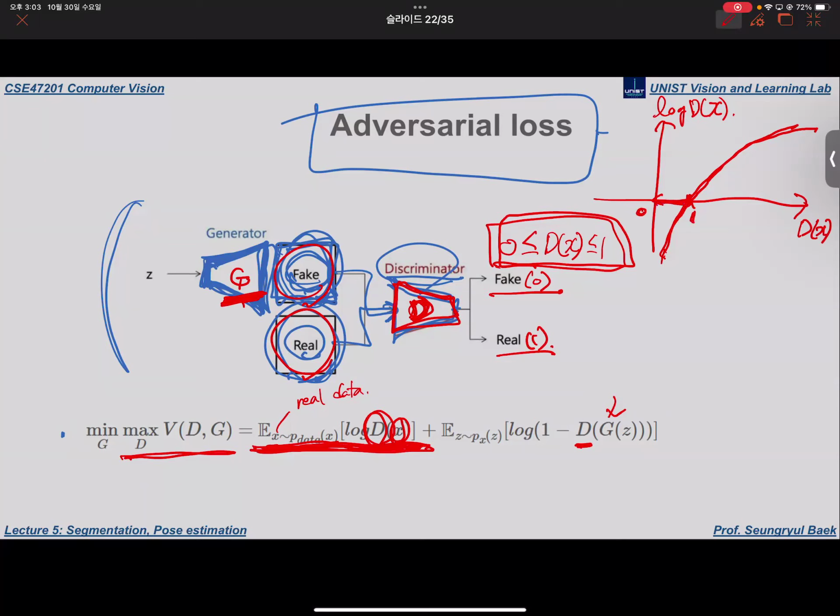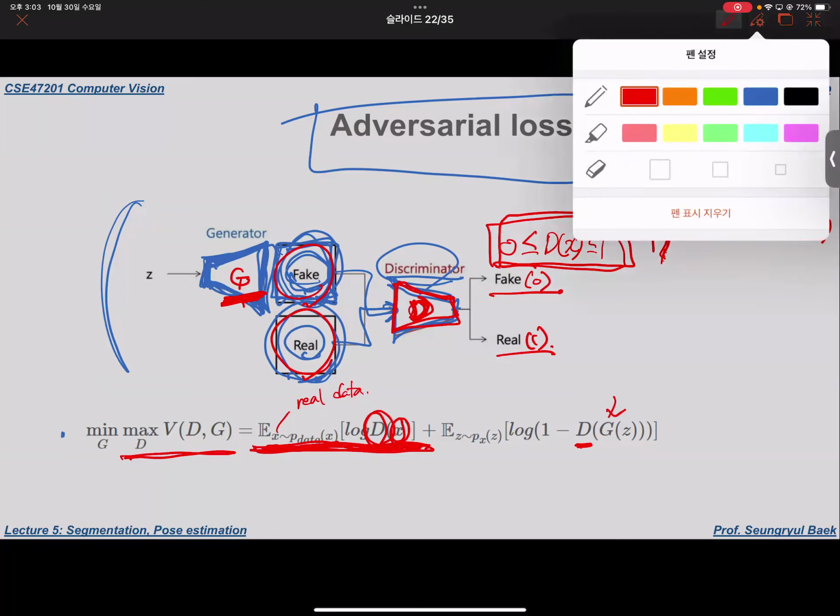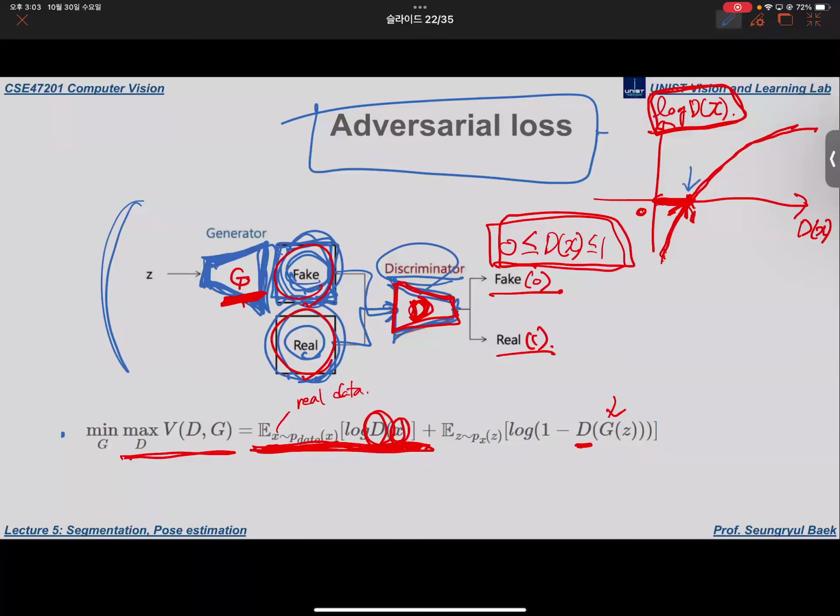So in this range, if we want to maximize this log, what would be the maximum?